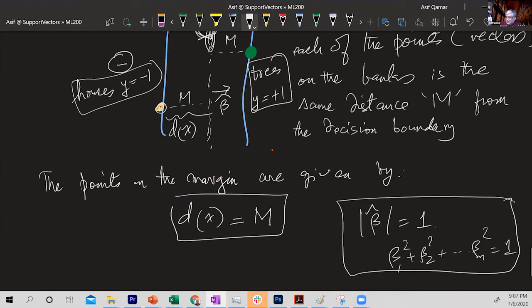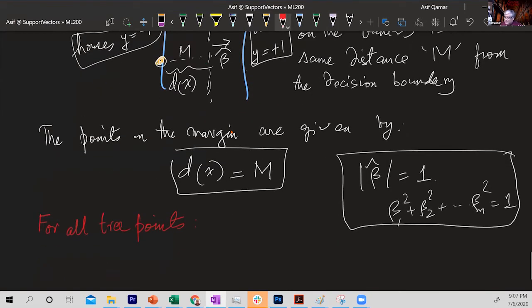So you realize that for all tree points, let me mention this as a crucial observation, what would be the constraint? Dx, they will be at a positive distance. Let's say this distance is positive, this distance is negative.